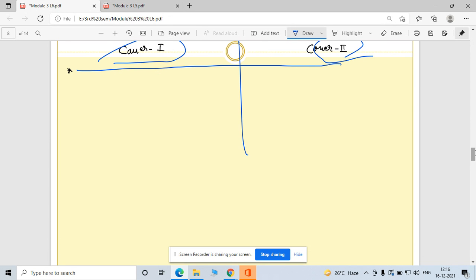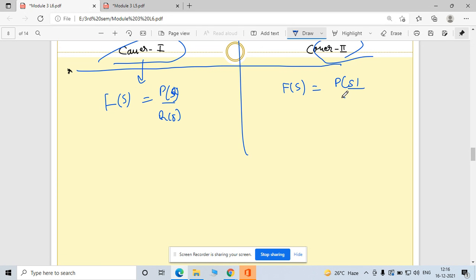For example, in a Cauer 1 circuit, some function is given to you, right? Function of S is nothing but P of S divided by Q of S. This function is given to you.